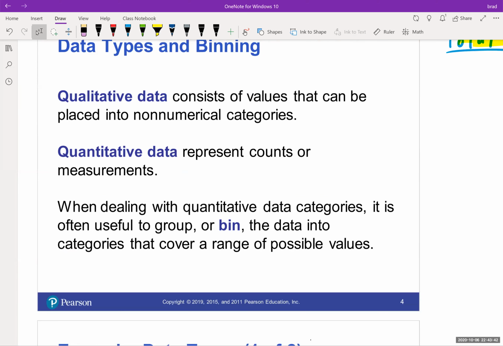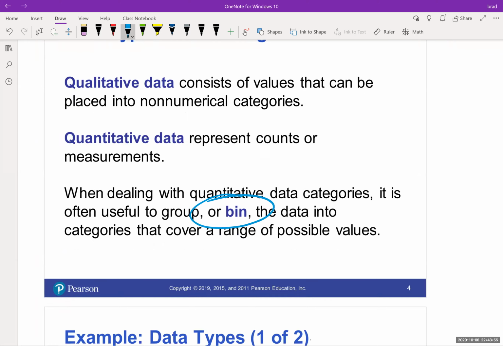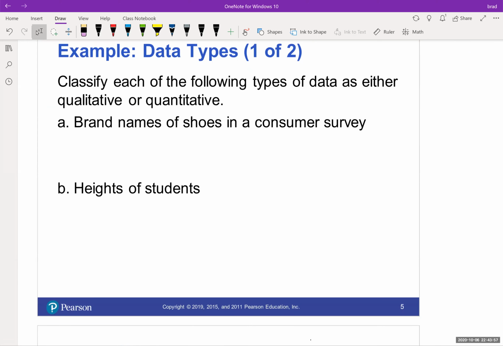Okay, so qualitative data consists of values that can be placed in non-numerical categories. So we already talked about that. When dealing with quantitative data, it is often useful to bin. So I will call them oftentimes classes. So I already spoke about that. So it says classify each of the following types of data as either qualitative or quantitative. So brand names, let me move ahead here.